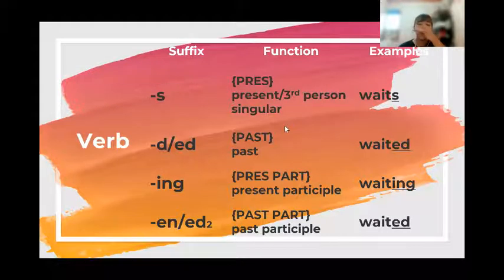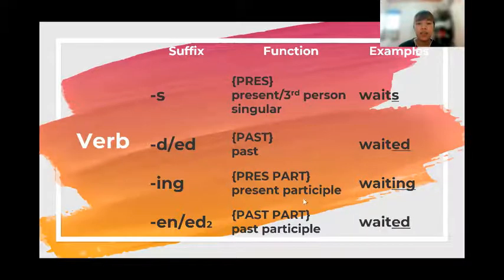Another, for your past tense naman, we have your D or ED, depende kung ano ang gina-follow niya nga last letter sa word. So we still make use of your verb na wait. If we add your D or ED, na from verb na wait, you add your past, it's waited. So it's still a verb. No change in the part of speech.